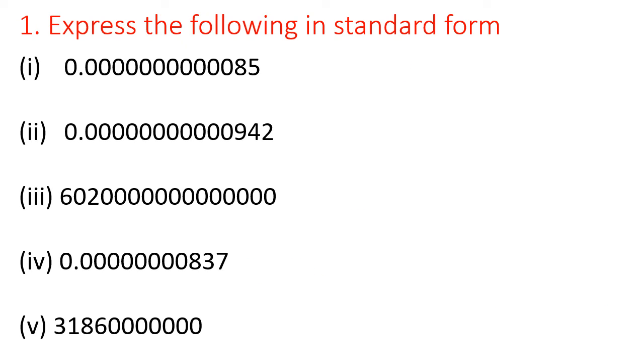The first question is to express all the following in the standard form. I hope you remember the rules. The rules are: all the non-zero digits have to be mentioned, including the zero between the non-zero digits.